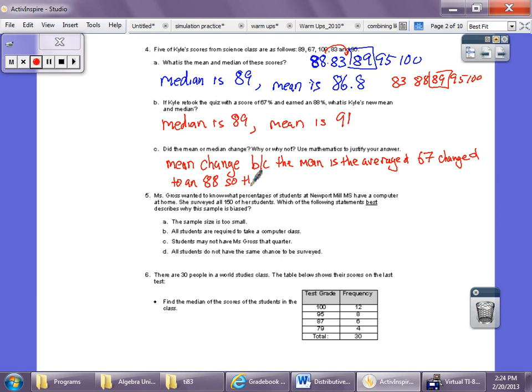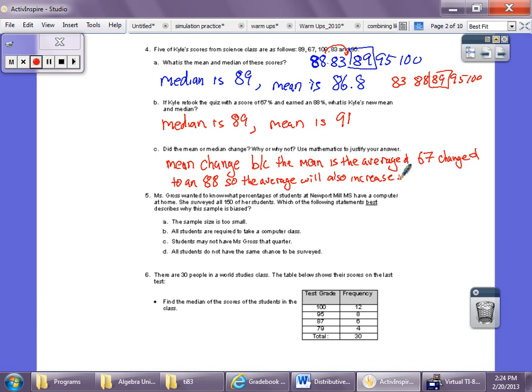So the average will also increase. The median's the middle number, and we just switched some numbers in the lower half of the data. It doesn't change the middle number.